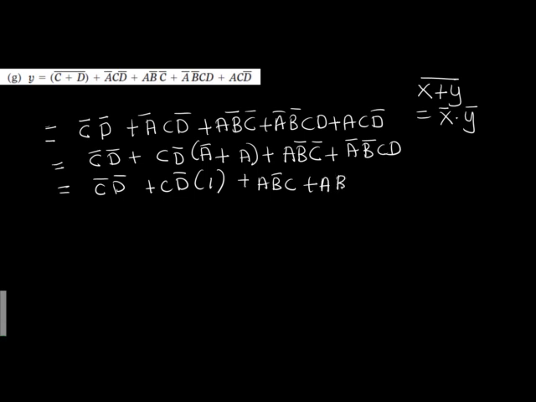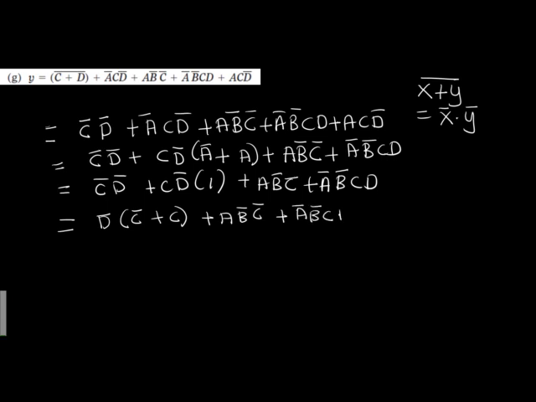A, B, A bar, B bar, C, D. Okay, now I've got C bar or with C, or, and I'm going to copy back down. C bar or with A bar, B bar, C, D.